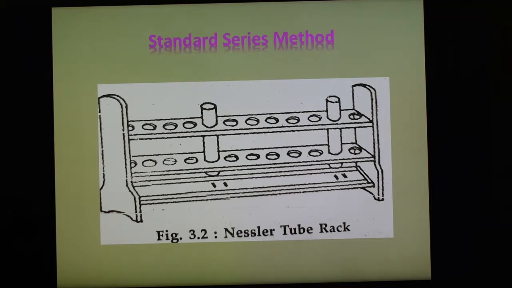The Nessler tubes are placed in a modified test tube rack, which is provided with an inclined opal glass and a reflector or mirror arranged to reflect light up through the tubes, and the tubes rest on a narrow wooden strip in the rack and do not come in contact with the mirror. In this way we can compare the color intensity by using the standard series method.